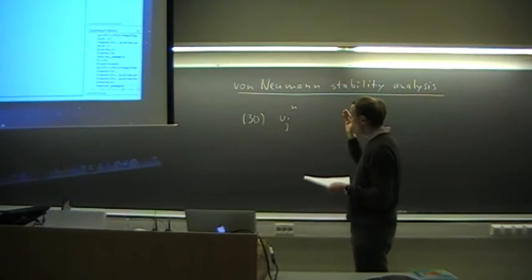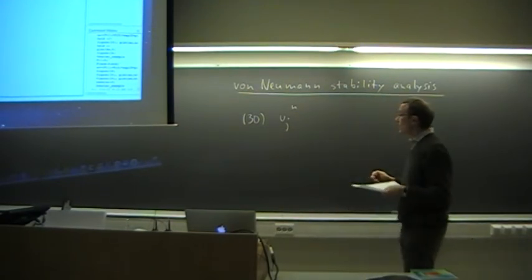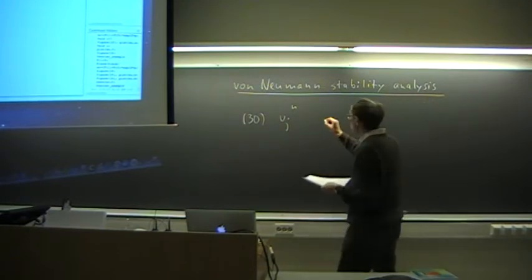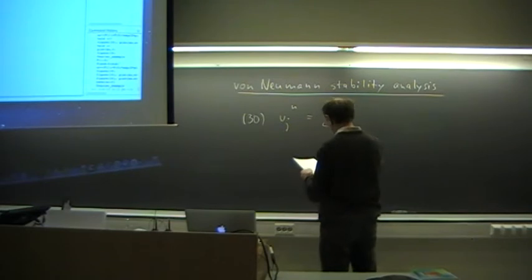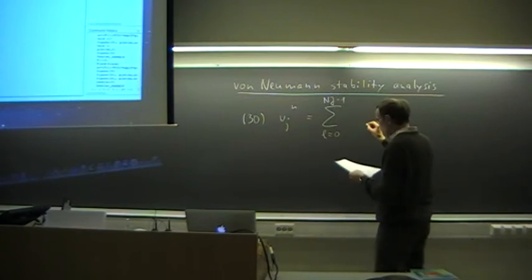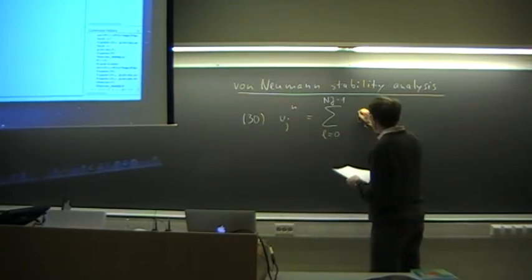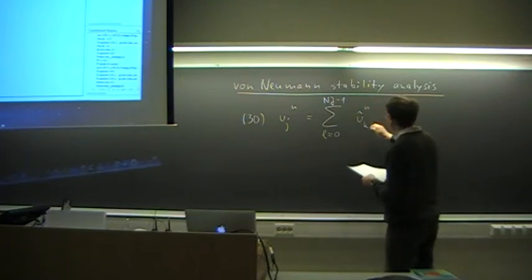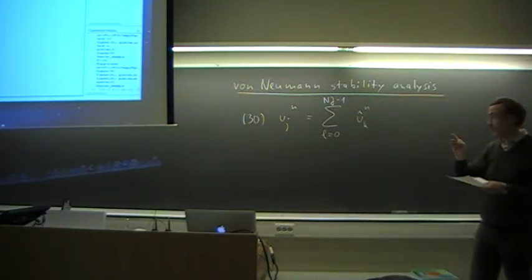So that is our numerical approximation at the grid point xj, time level tn, and it can be expressed as the sum over l from 0 to nj minus 1. And then we have the amplitudes u_k hat n. So the amplitudes are time dependent.